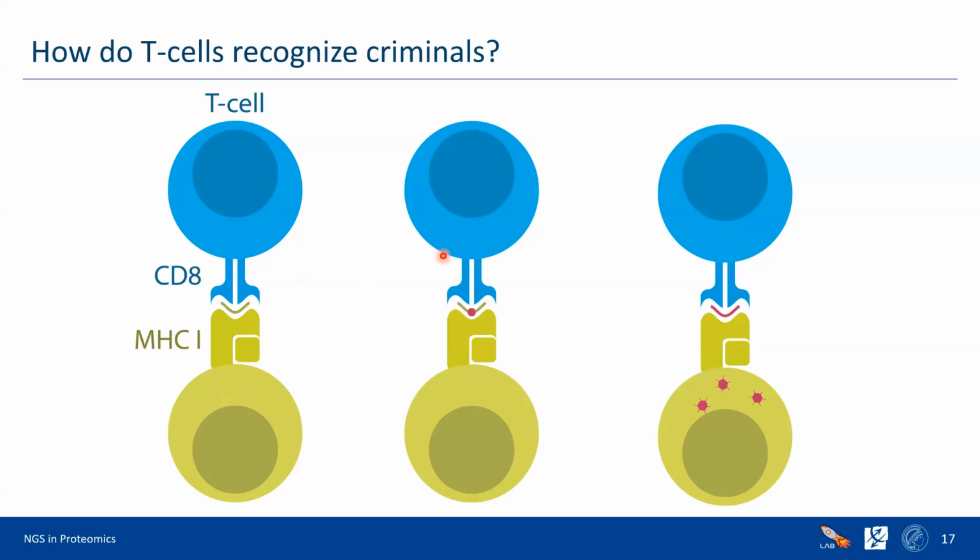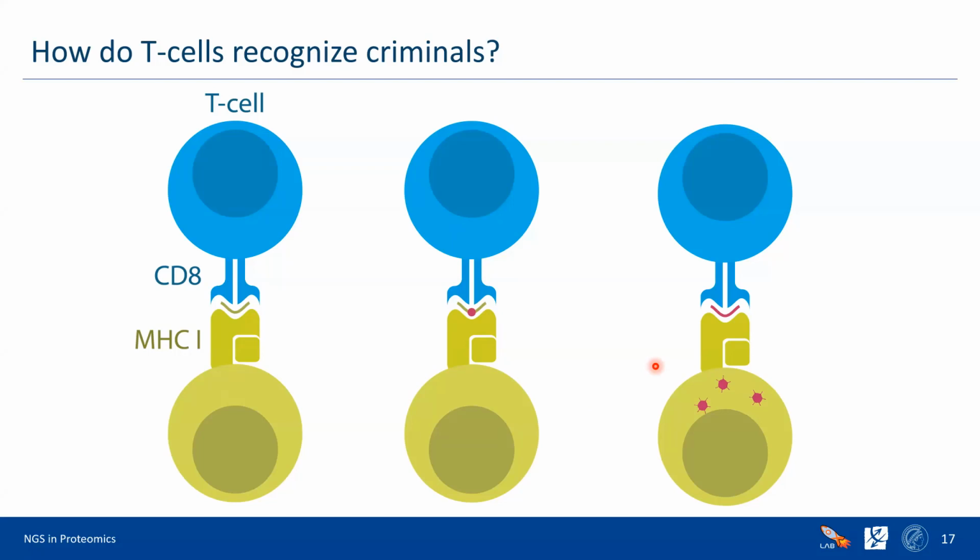For example, if a peptide with non-synonymous mutations appears on the surface, some immune cells can recognize it as non-host, and it will push the cell to die. Why? Because it's potentially a cancer cell, so it accumulates mutations, and probably it's worth killing it.